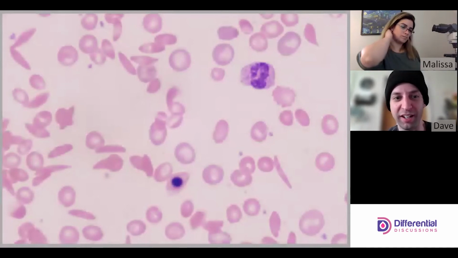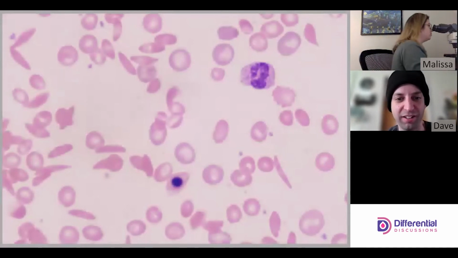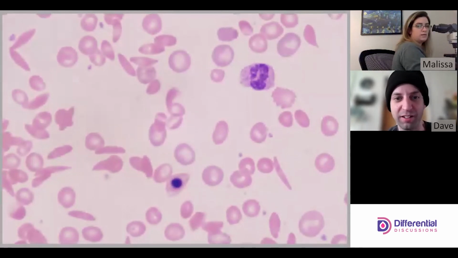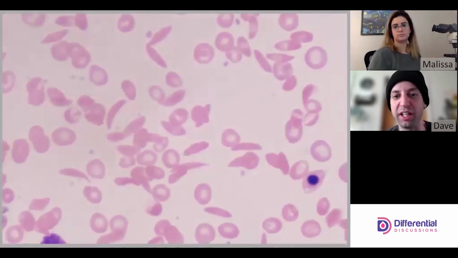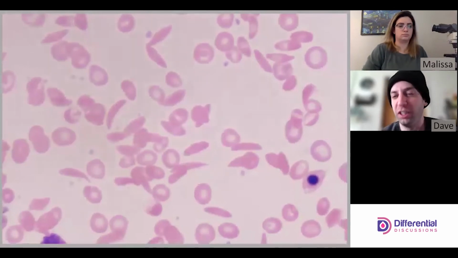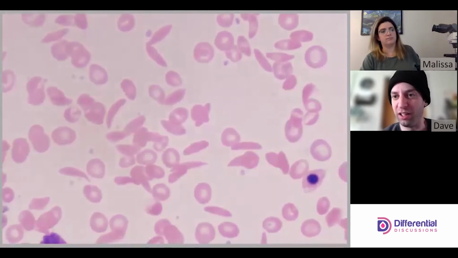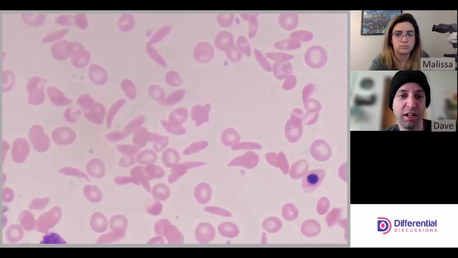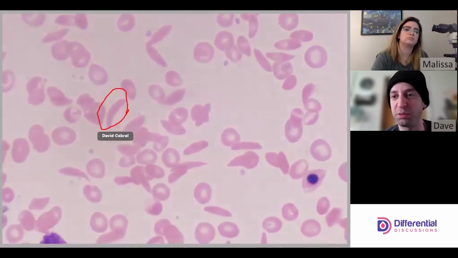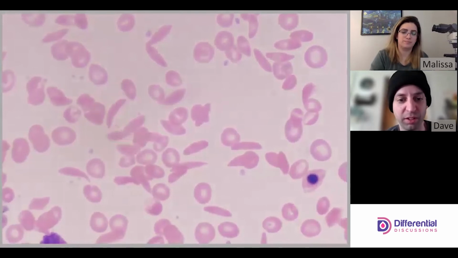How pretty. Let me pull it over a little bit so you can see that better. So yeah, this patient is almost certainly in an active crisis. There's a lot of sickling going on here, a lot of disease. This is like a textbook kind of sickling.